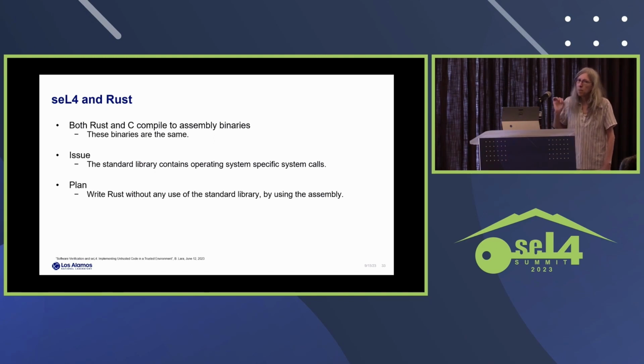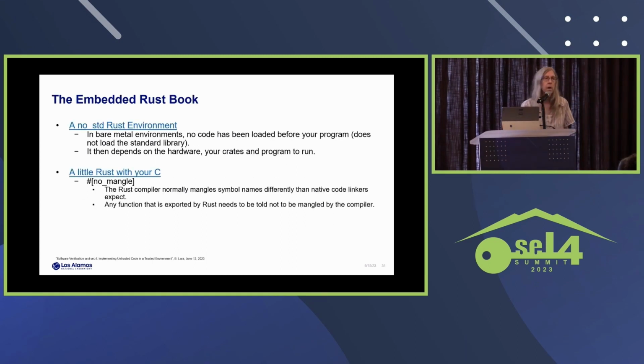That was a good idea, but one of his issues was he did not want to include the standard library. The reason is that it has a lot of operating-system-specific system calls, which would really complicate the implementation. So he wanted to write Rust without the standard library. He used a resource called the Embedded Rust book. One of the things he took advantage of is the no_std Rust environment.